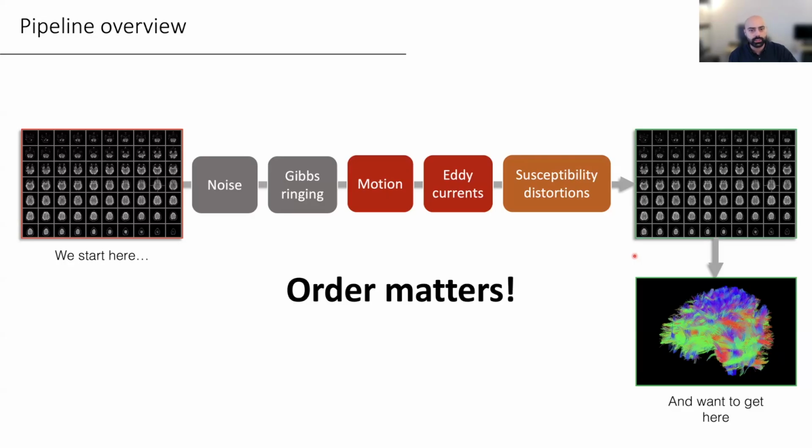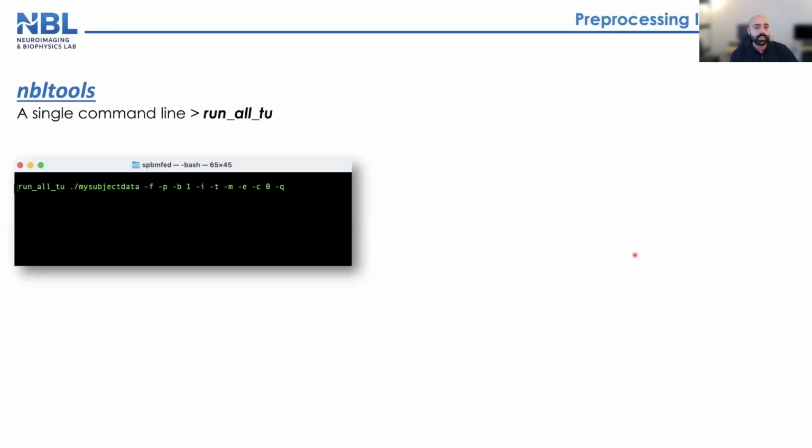Now you might ask, how can I do this to the data? Well, there is a toolbox online now that's called NBL Tools. It's basically a place where we've put a bunch of different software utilities, compiled them in a useful command that's quite literally called run all with topup.